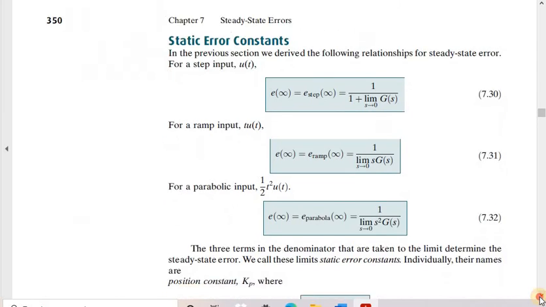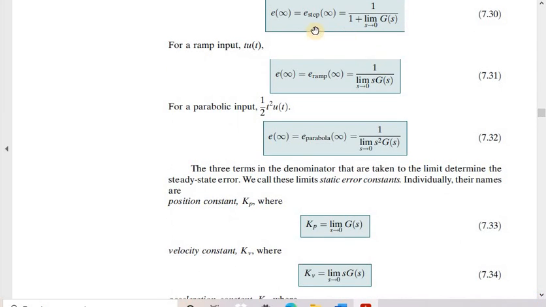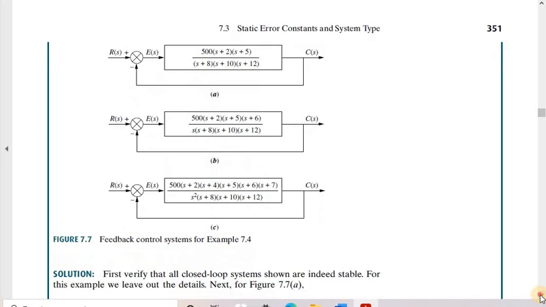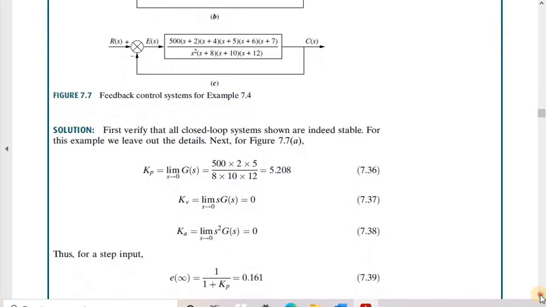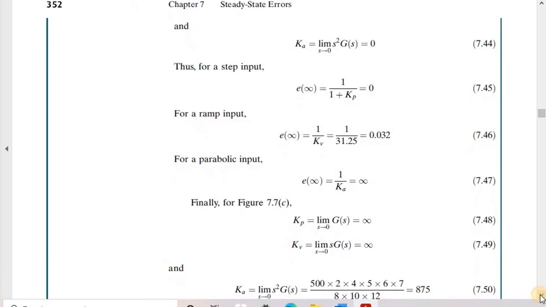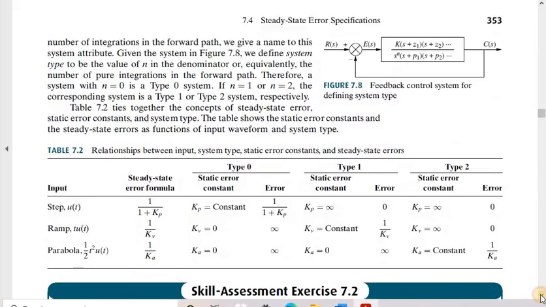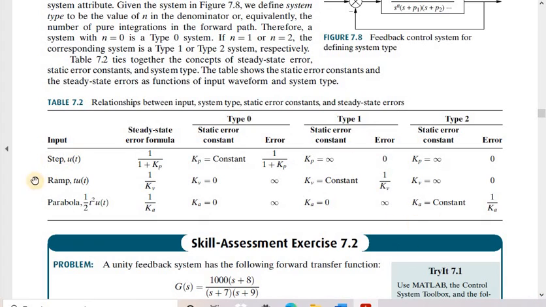If you know what system type is and how you calculate the steady state error for step and ramp, then you can easily solve this lab. The basic idea for this lab is to use the concepts that you studied in this chapter and implement them online. This table can help you a lot.